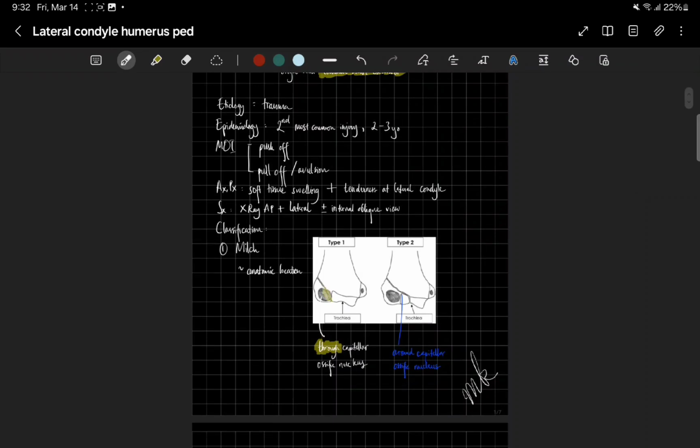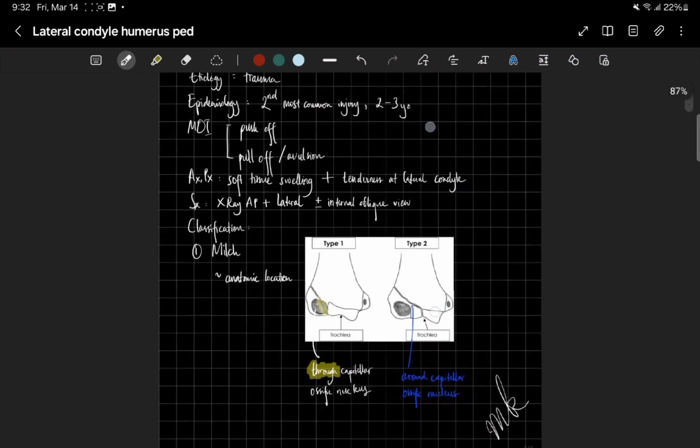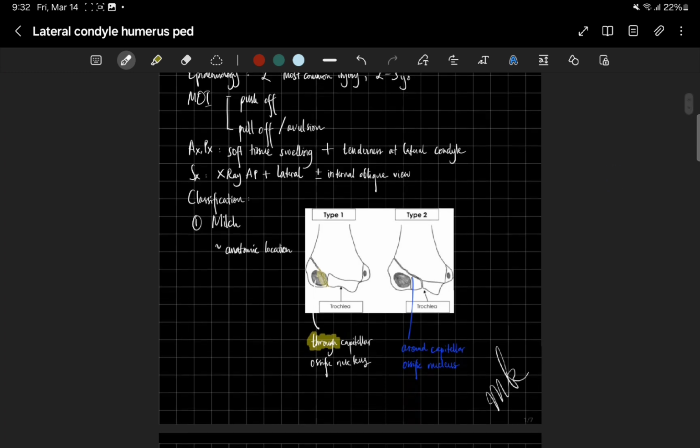For the anamnesis and physical examination, pediatric patients can come with swelling, a history of trauma, and also tenderness over the lateral condyle of the humerus. The supportive examination that can be done is the X-ray with 3 views: the AP view, lateral view, and internal oblique view.